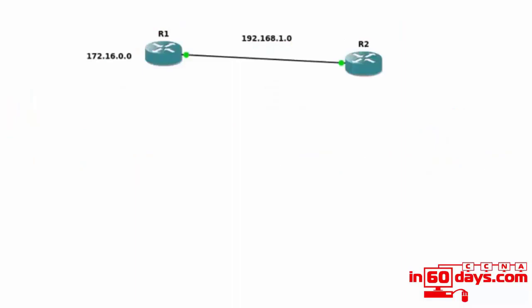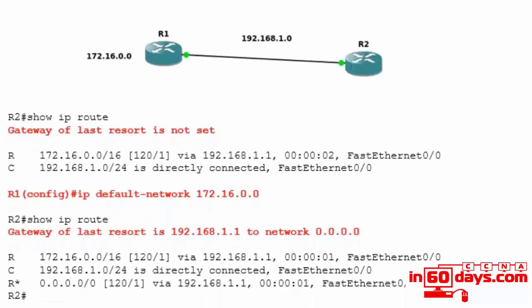So we've got a simple network here, a 192 network between routers 1 and 2, and a 172 network on the left of router 1, just on a loopback. I've issued, if you see on router 2, show ip route, and I've highlighted in red, gateway of last resort is not set. On router 1 on the left, I've added ip default-network and then 172.16.0.0.